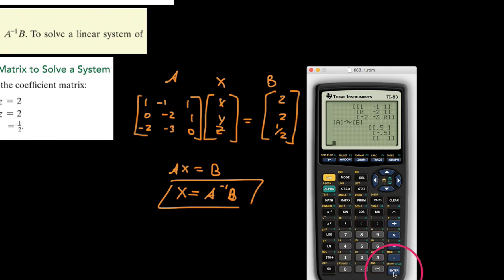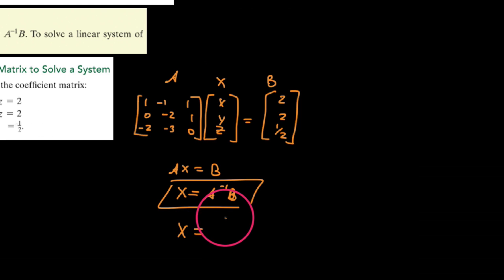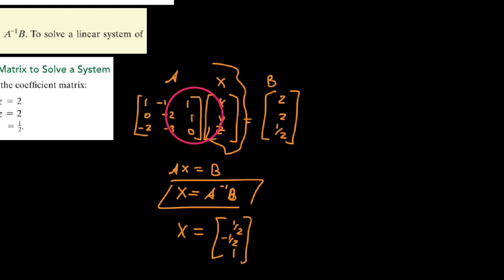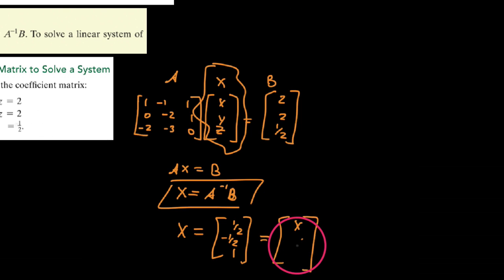Once we do this, what we get is this 3 by 1 matrix, and what I want to be clear on is x equals 1/2, negative 1/2, and 1. So since that's the case, let's recall that our x matrix really was equal to this matrix here, x, y, and z.